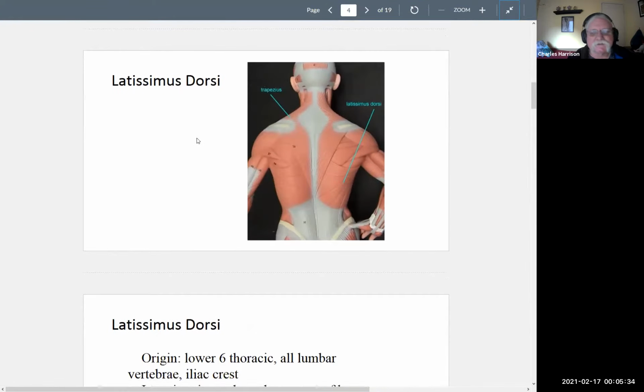The latissimus dorsi, its primary function is to pull the humerus backward. In other words, to pull the arm backward.